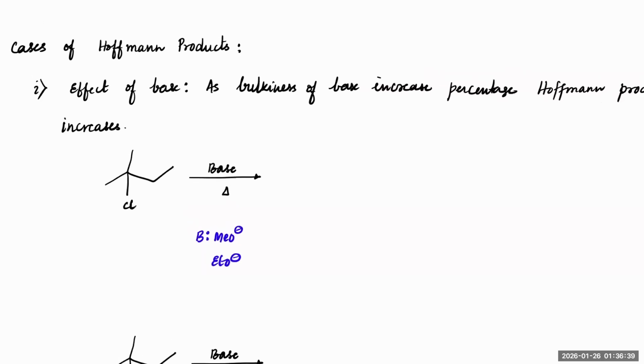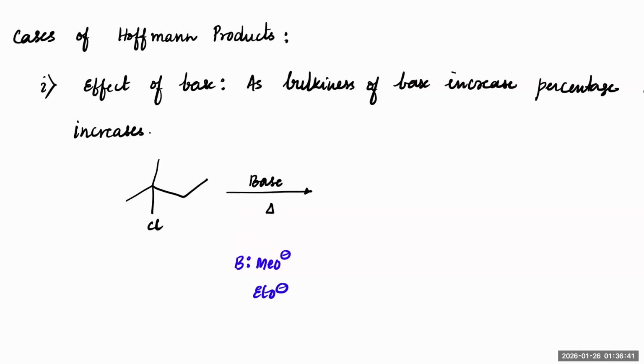Notice, in E1, we learned that most of the time it is Saytzeff as a major product. Even in E1 cases, we always learned that because Saytzeff is always going to be the product which will have more stability, we always assumed and expected Saytzeff to be the most stable and major product.